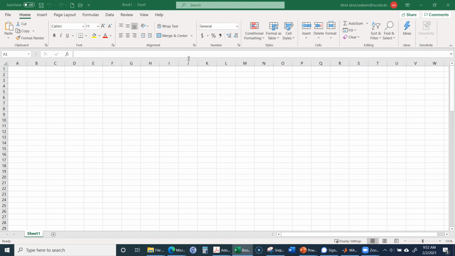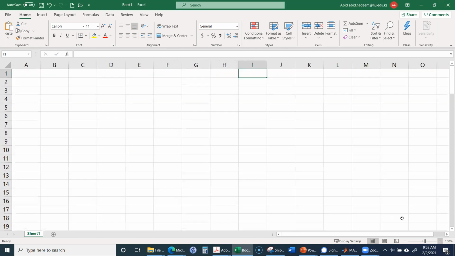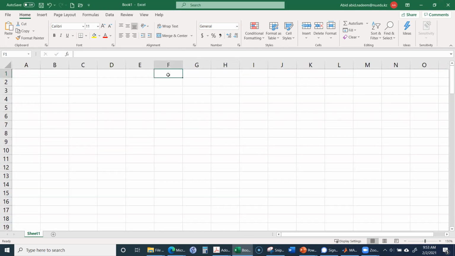So in Excel we have it like this. Maybe I can make it a little bit bigger. If I want to evaluate it year-wise, how can we create this model? Starting from year 0 to year 8.